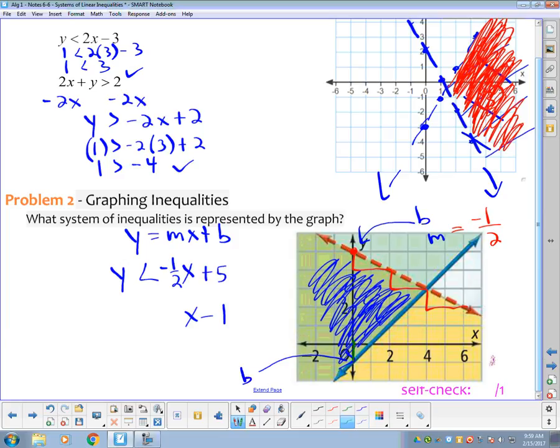It looks like up 1 over 1, up 1 over 1, so it's 1 over 1, or just 1. And this time, it's a solid line, so it's greater than or equal to. So y is greater than or equal to 1x minus 1. And so we've worked backwards and figured out the two inequalities that gave us this picture. I'm going to ask you to do that as well.